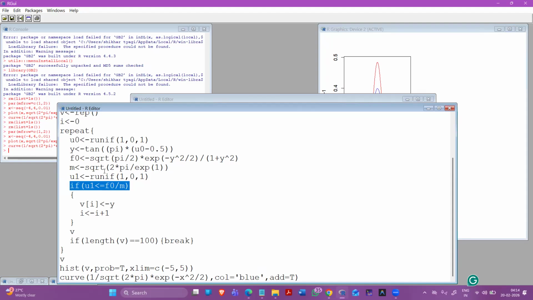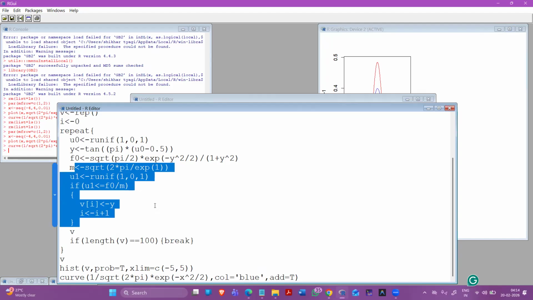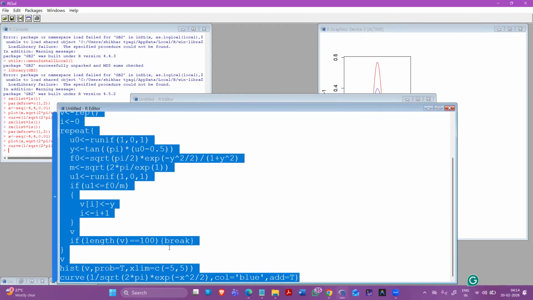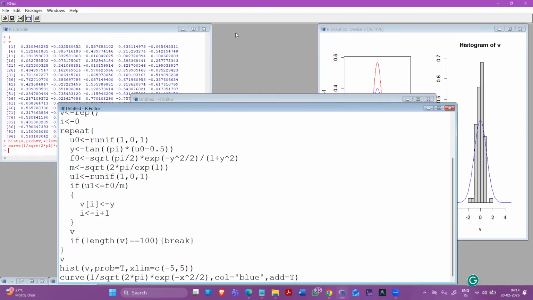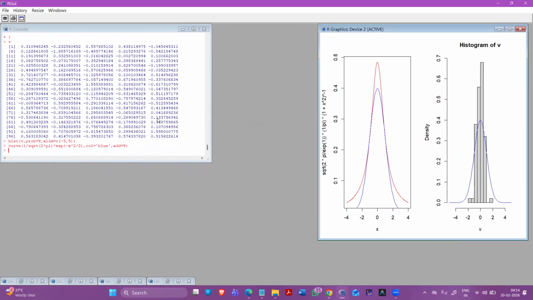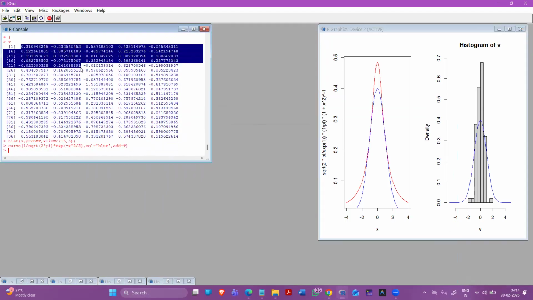And again, I will put in f naught the values of y, and I will find out my M again, and then again I will compare this one and run it a number of times till my 100 observations of v are completed. So that's how I am getting my 100 random numbers from the standard normal distribution.